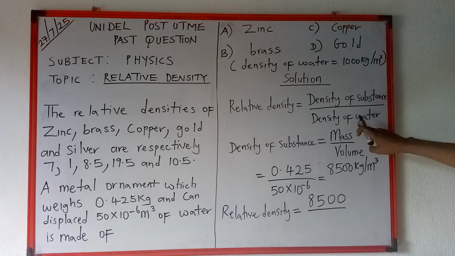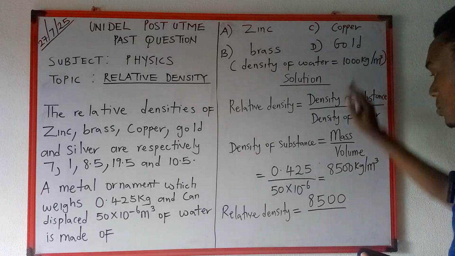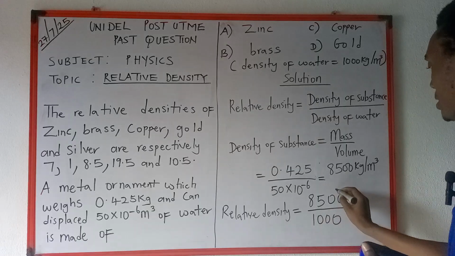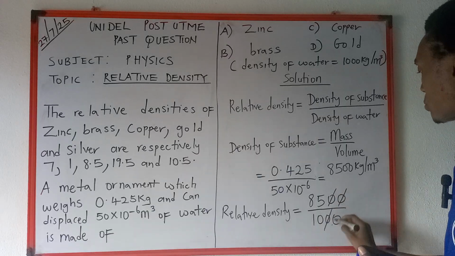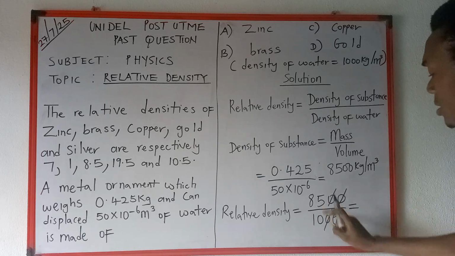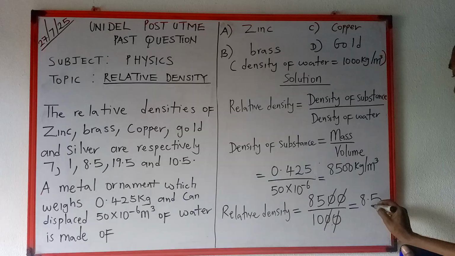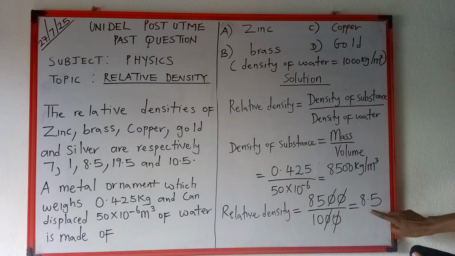What is the density of water? It's given as 1000. So we can divide. Cancel the zeros. 85 divided by 10, you have 8.5.